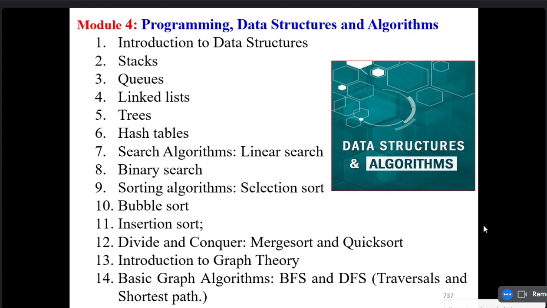Two types of graph traversals are BFS and DFS, breadth first search and depth first search. In depth first search, we use the stack data structure. BFS uses the queue principle, first in, first out. DFS uses stack, the LIFO, last in, first out principle.